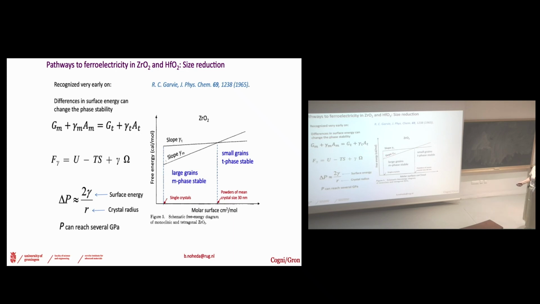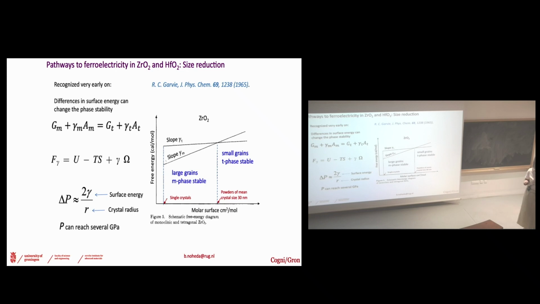You can change the stability from the monoclinic phase into the tetragonal phase. So this is a free energy as a function of the molar surface. Here are the large particles or single crystals. As you move here, the crystal size decreases. Beyond a certain crystal size of about 30 nanometers, you actually can stabilize the tetragonal phase. So you don't need to go to high temperatures or high pressures or wherever. Size reduction helps you to stabilize the tetragonal phase.